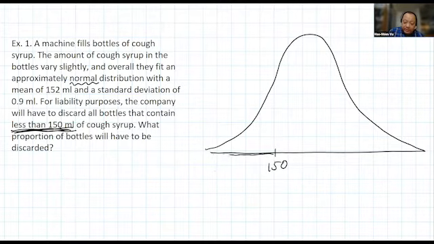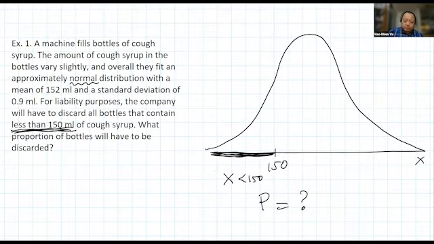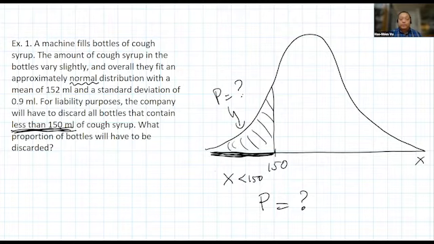The interval being less than 150 is here. So this says that x is less than 150. The horizontal axis is the x-axis. And we want to know the probability, which is this area here. The question is, probability is equal to what?